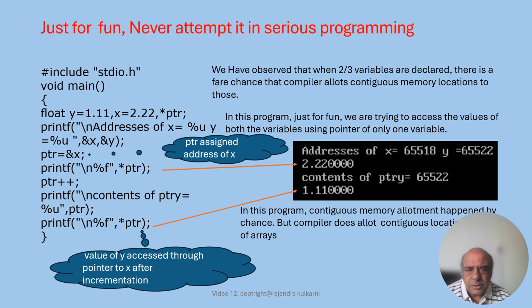But compiler does allot contiguous locations to the values stored in an array. So array is a type of variable where we can have number of values stored in one array, and each value is stored in the memory location in contiguous way.